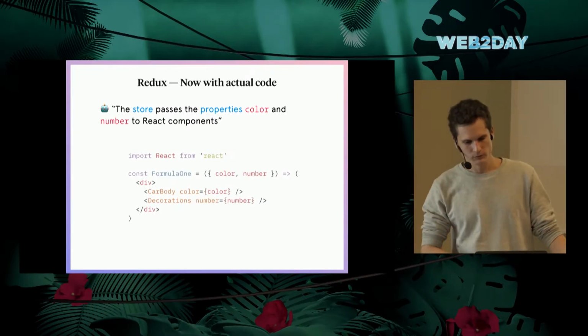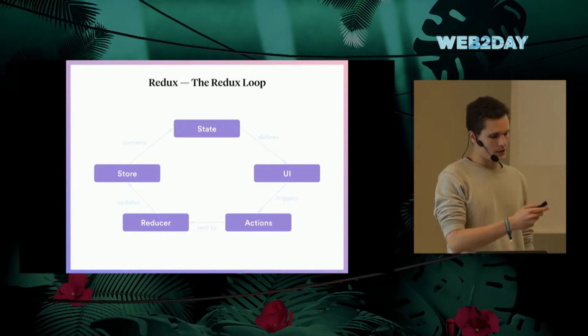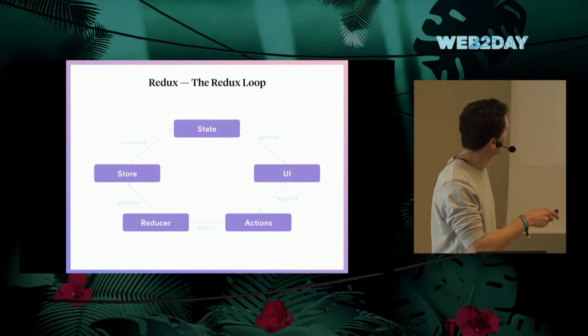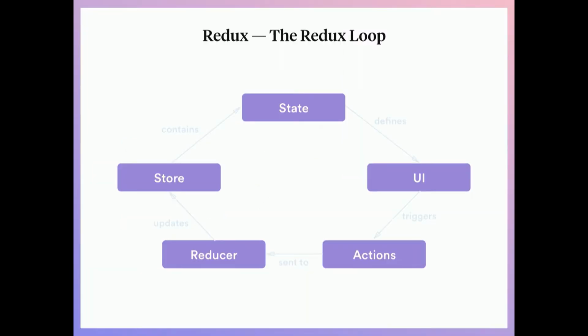If we take a step back, we have what we call the Redux loop. It starts with the state. The state is all the data that our application needs, so in our case, the color or the sticker number. This state defines the UI, so what is shown to the user is a function of what is in the state.